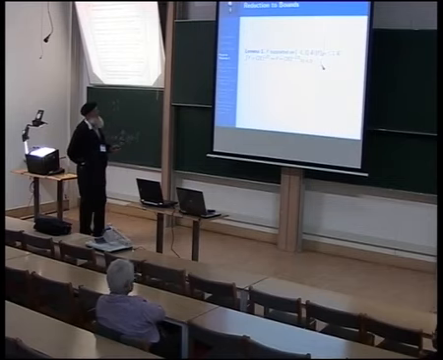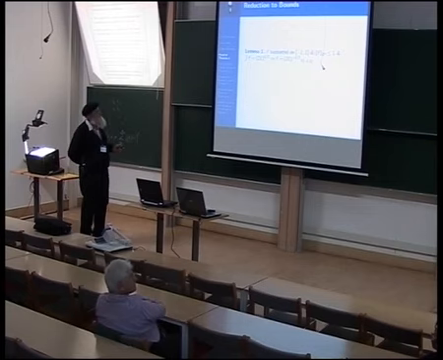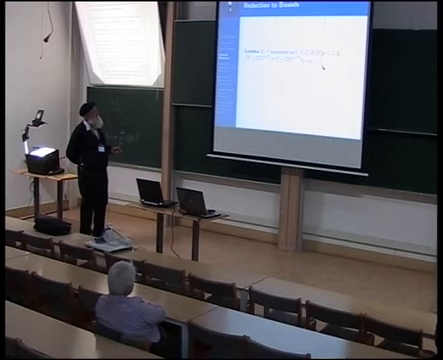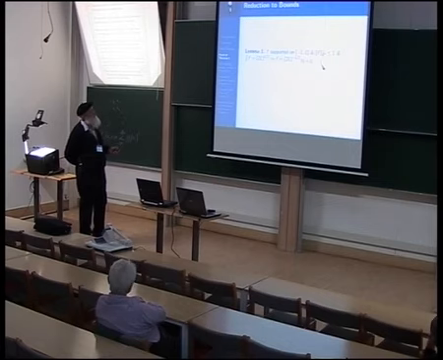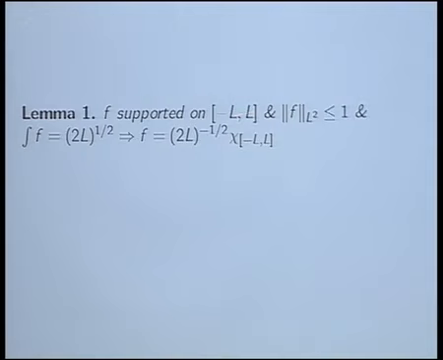So the basic fact behind everything is the following. Suppose I have some function supported on an interval. Its L2 norm is at most 1, and its integral is the same as the integral that would happen if f were identically 1. If f was a constant that saturated this, then in fact f is the characteristic function.